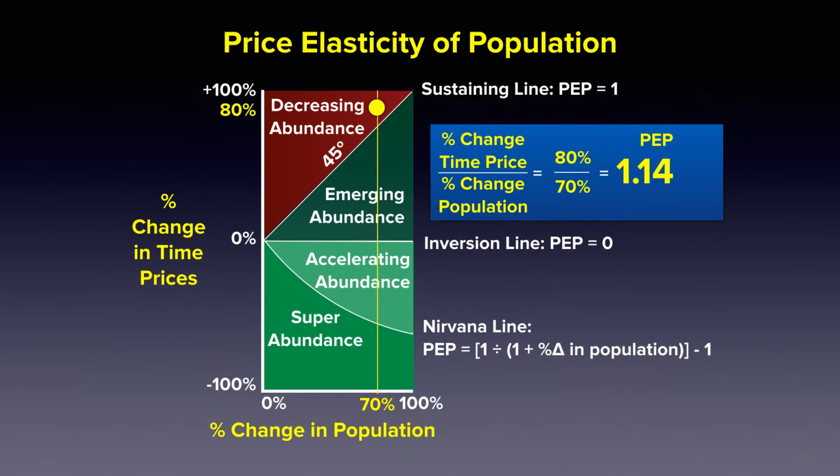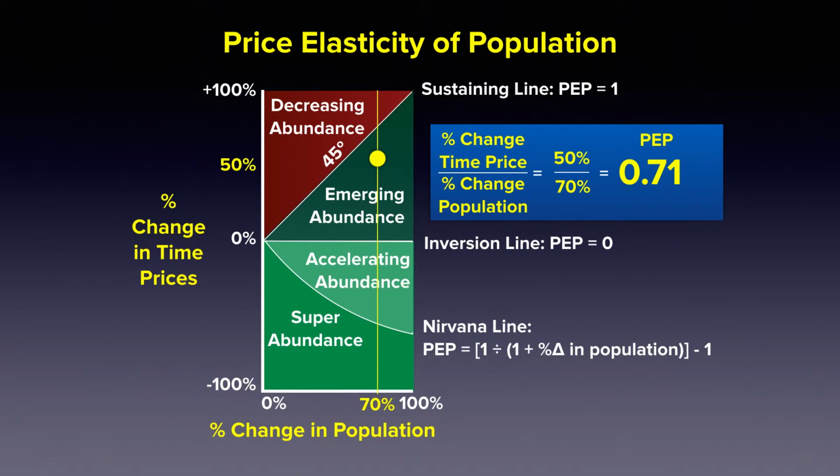So let's look at the next location where the prices were increasing at exactly 70%. With the change in population at 70%, our equation would yield a PEP value of 1.0. If we were to observe a situation where prices were increasing but at less than 70%, our PEP would then drop below 1, and this would be in our emerging abundance zone.